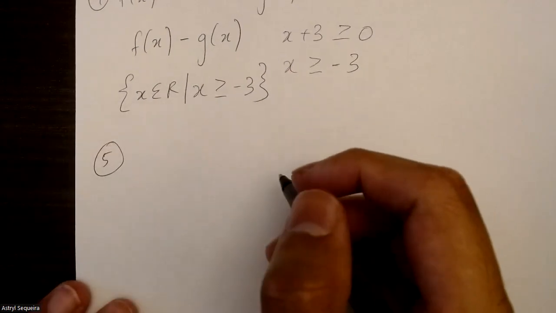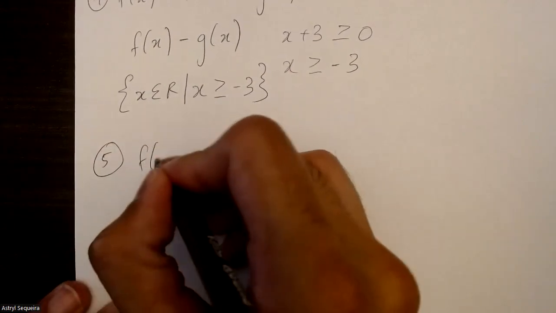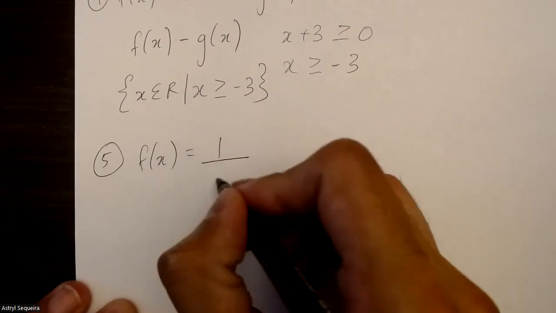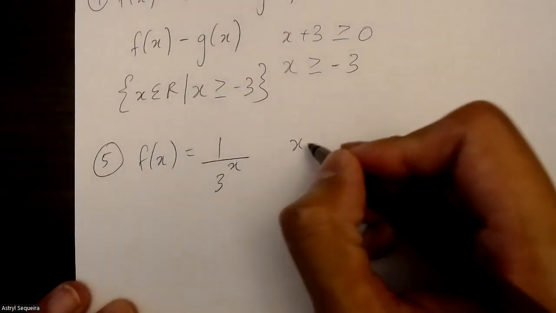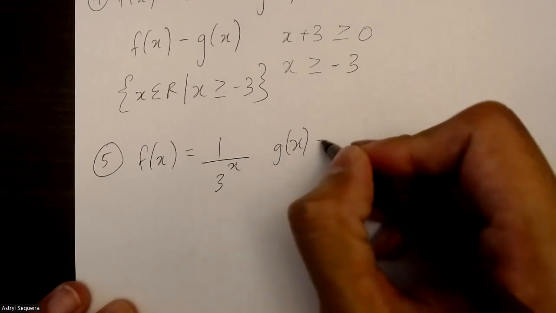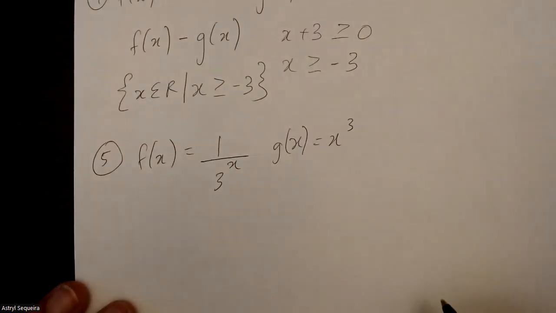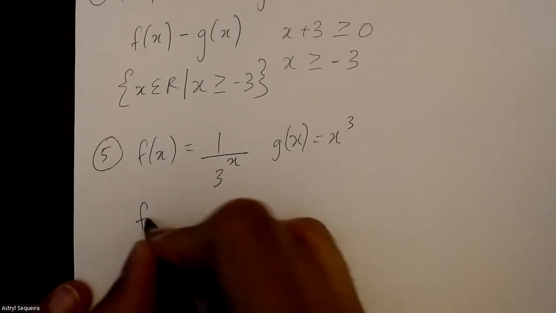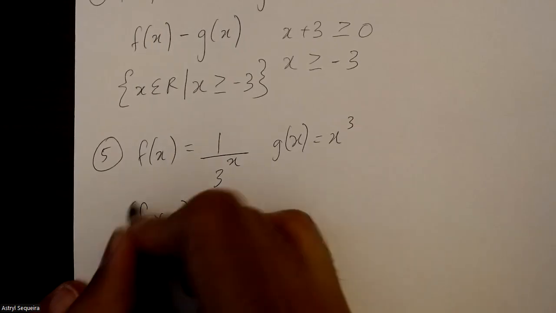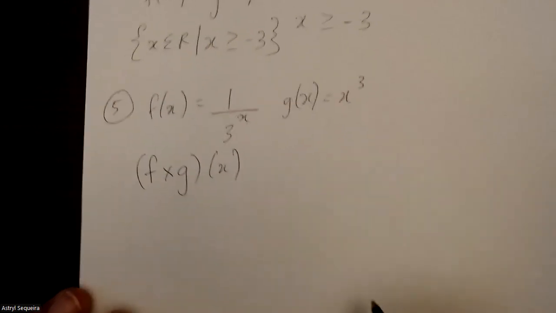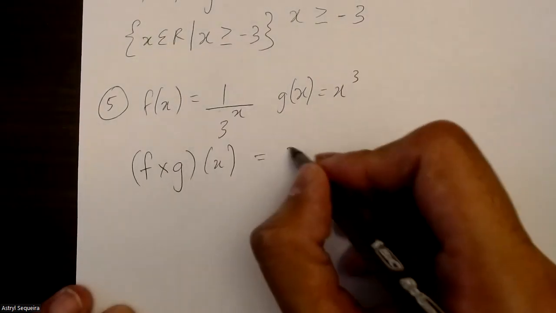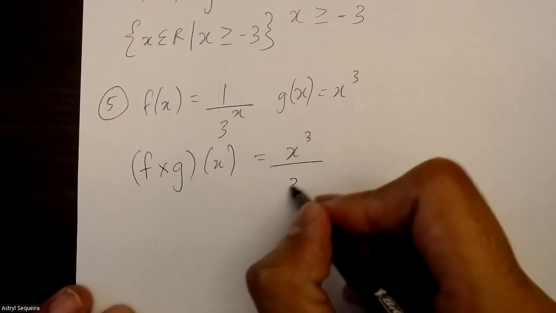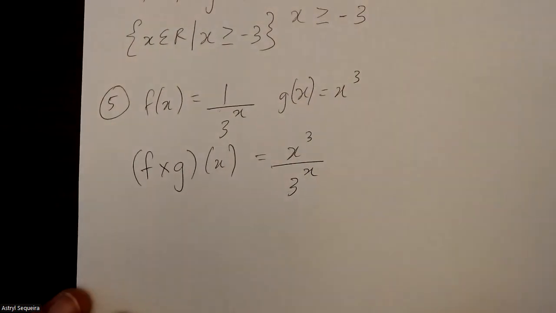Fifth question, f of x equals 1 over 3 to the power of x, and g of x equals x cubed, and we need to find the domain of f times g of x. So f times g of x is just this function times this one, which is just x cubed over 3 to the power of x.